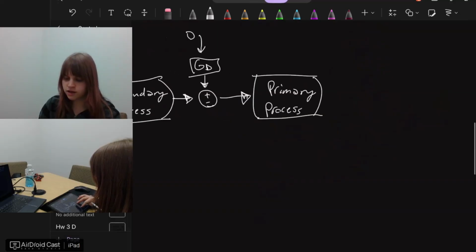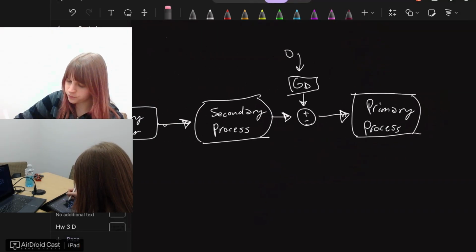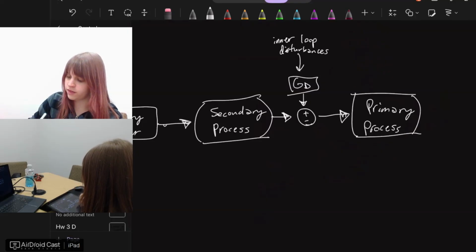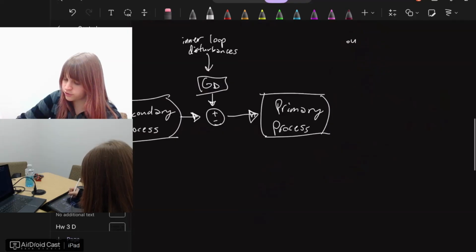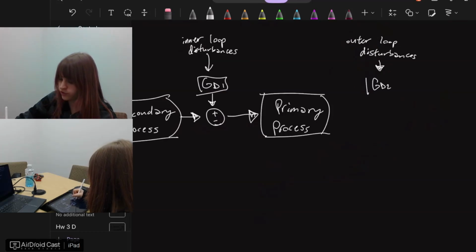And I should say that this disturbance is the inner loop disturbances. And then we are also going to have the outer loop disturbances. I'll call that GD2 for now.